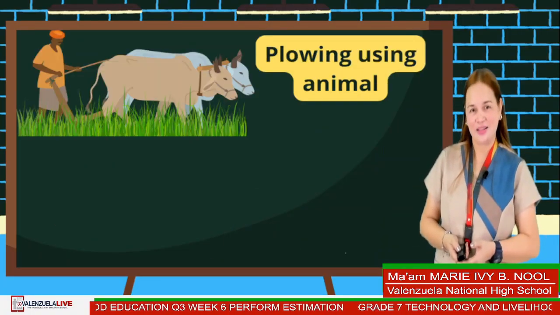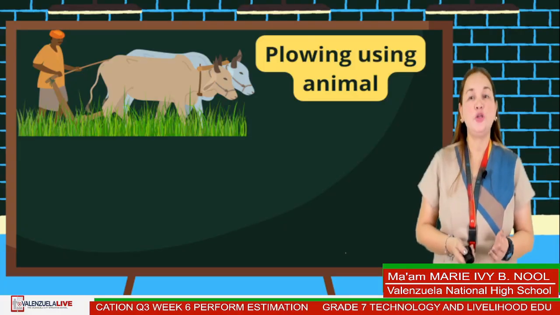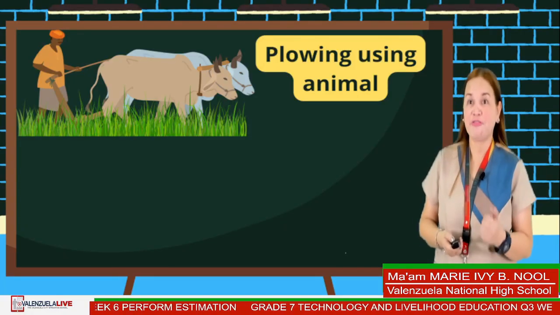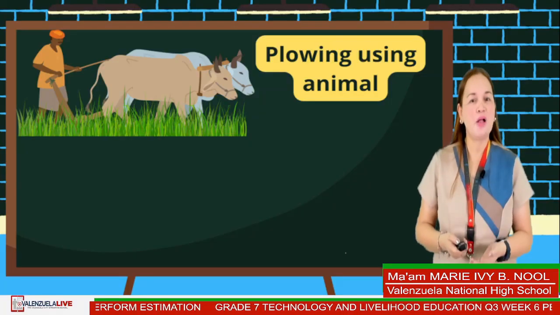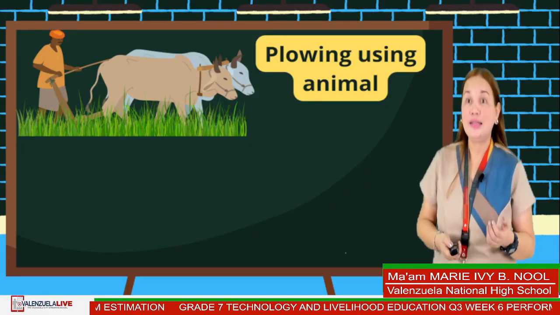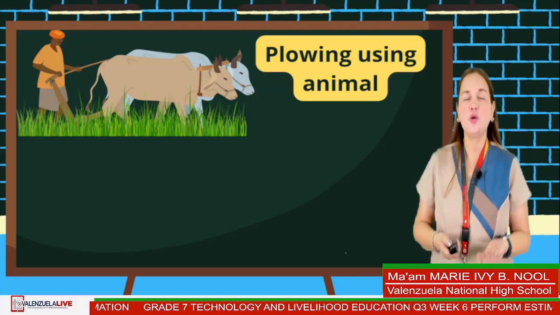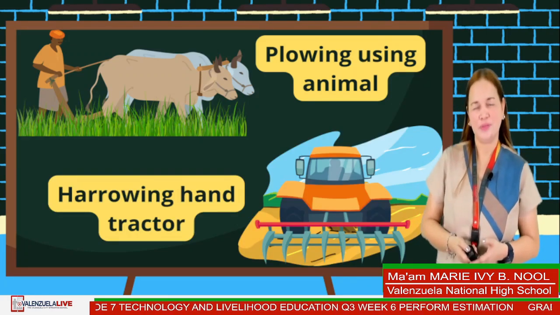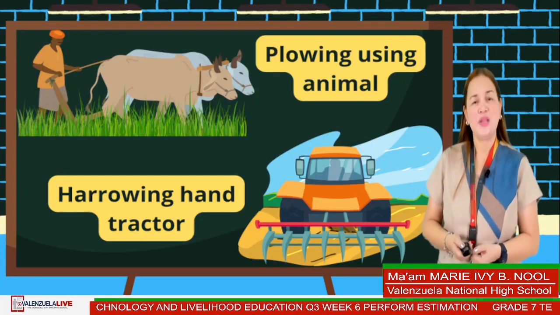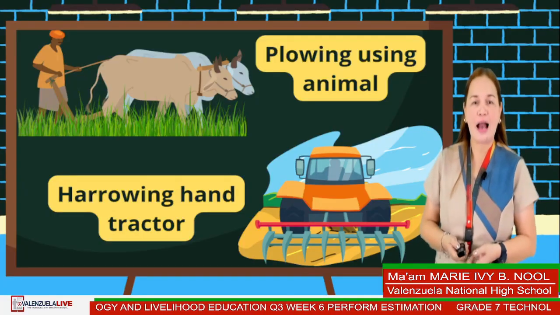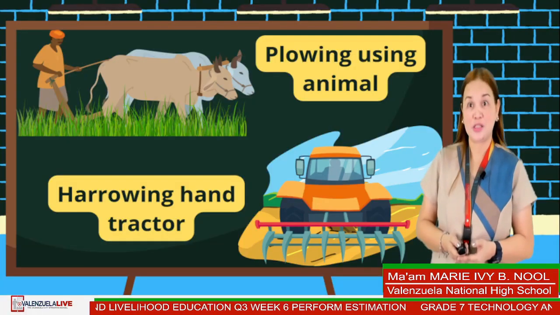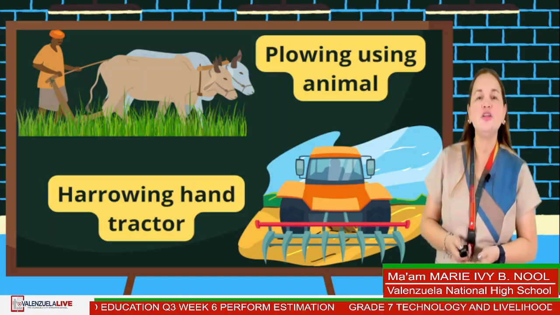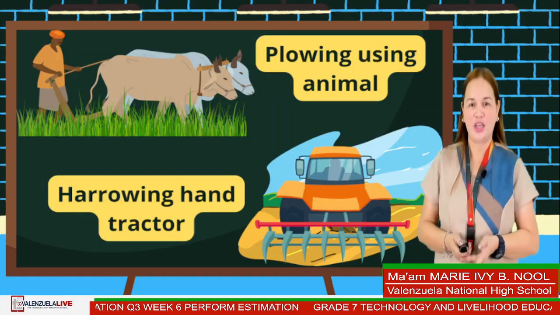Plowing using animal. Plows were initially powered by humans, but the use of farm animals was considerably more efficient. The earliest animals worked were oxen. Later, horses and mules were used in many areas. Harrowing hand tractor. In agriculture, a harrow is an implement for breaking up and smoothing the surface of the soil. Harrowing is often carried out on fields to follow the rough finish left by plowing operations.